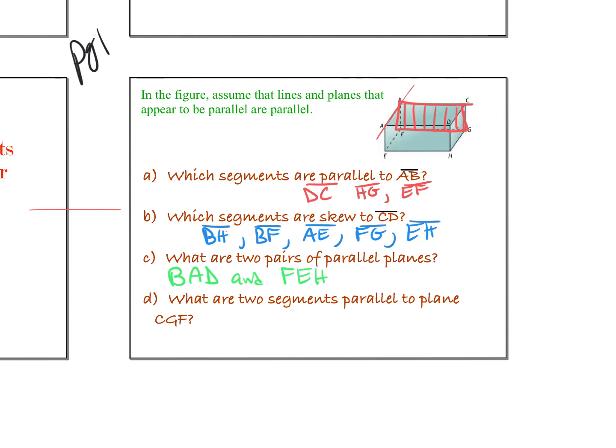Horizontal is also parallel. What if I have it at a slant? Still parallel. So that is probably the most confusing thing to students. So we've got AE would be parallel. What else? AH works. And that's at a slant, but that is also parallel to that plane. What else?